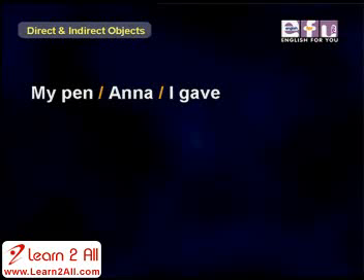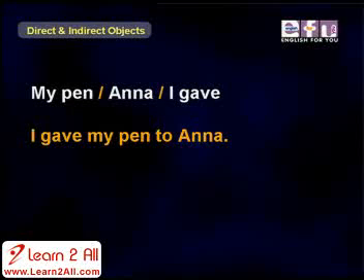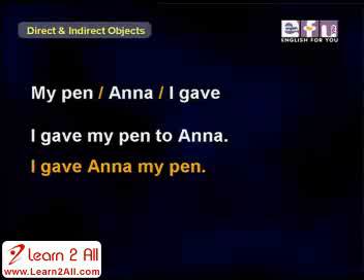Okay, let's see. I give you my pen and Anna, I gave. Alberto, can you do this one? I gave my pen to Anna. Good. I gave Anna my pen. All right.